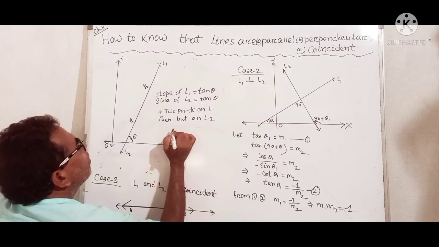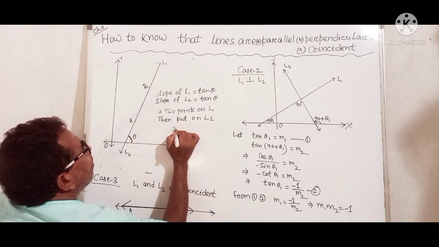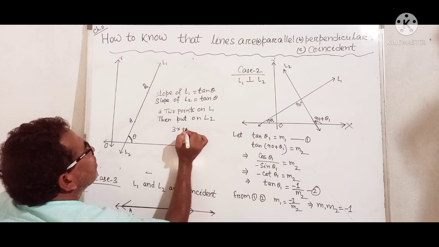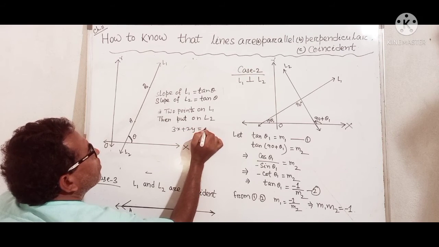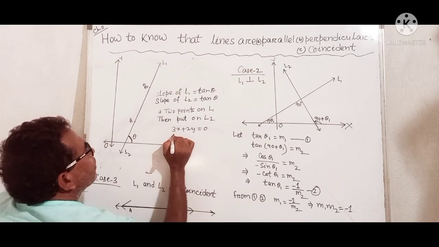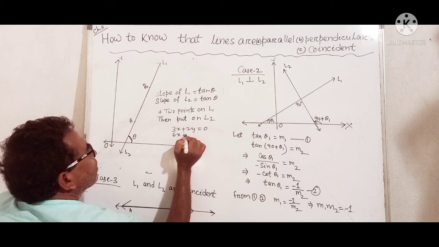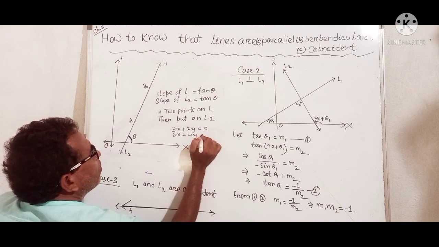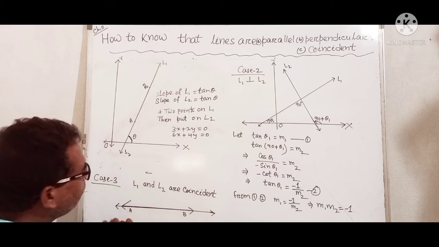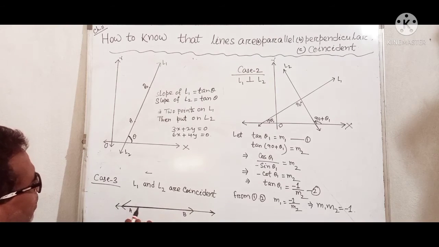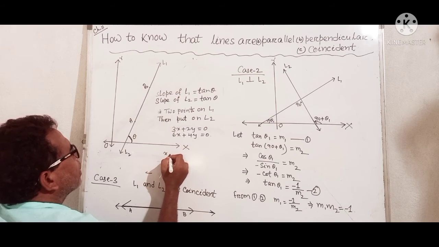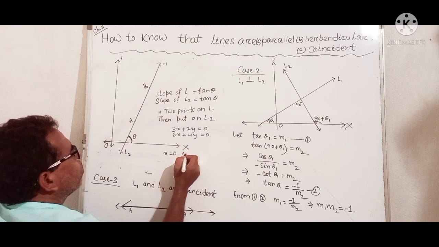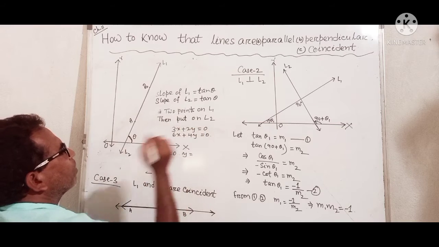You see the example: 3x plus 2y is equal to 0, say, and another equation, let's say 6x plus 4y is equal to 0. You will have to take 2 points. Take x is equal to 0, so what will y be in the first equation?